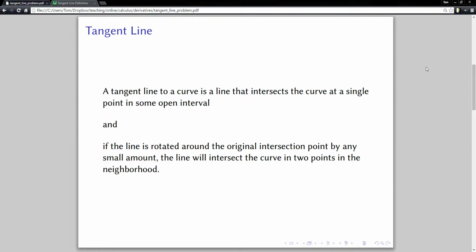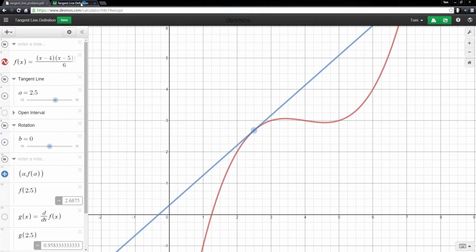It's a little bit complicated to express the definition in an easy manner, but here we go. A tangent line to a curve is a line that intersects the curve at a single point in some open interval. Okay, so that's part one of the definition. Let's just take a look at Desmos right here.